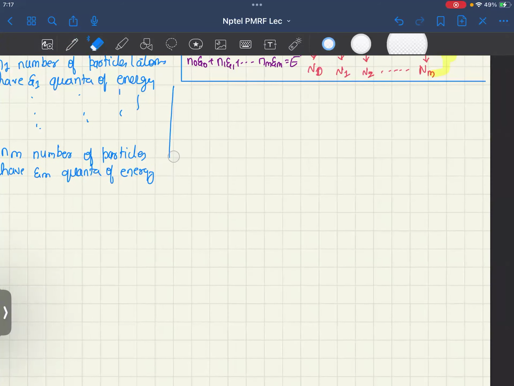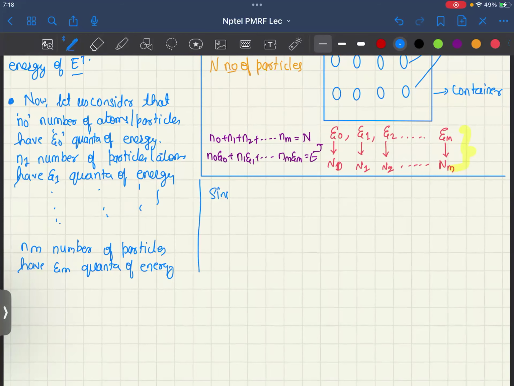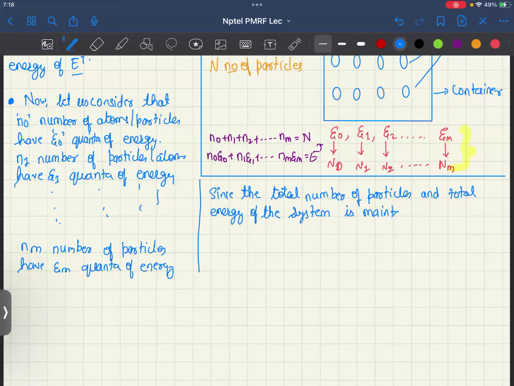Let us write in here, saying the total number of particles and total energy of the system is maintained as constant.